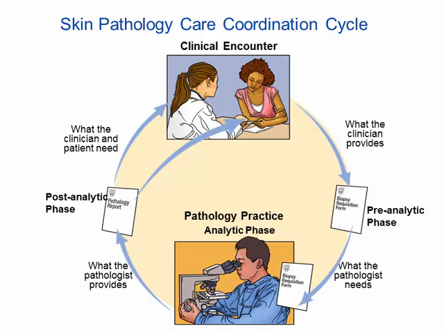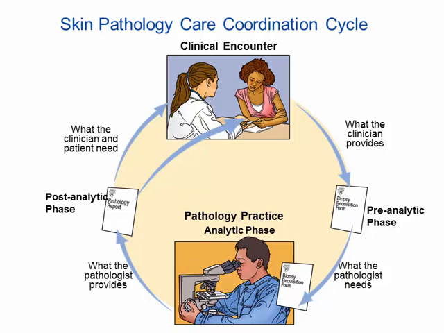This is a conceptual model of the skin pathology care coordination cycle. It is a closed-loop cycle that starts and ends with the patient. The care coordination cycle is composed of pre-analytic, analytic, and post-analytic phases. Pre- and post-analytic phases encompass all the activities and interactions that support test ordering, specimen collection, and result reporting.